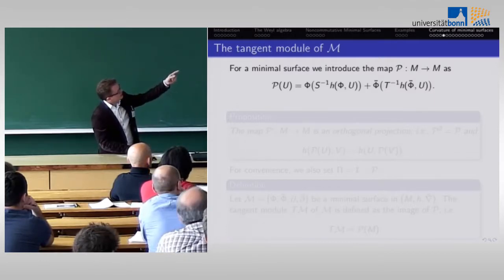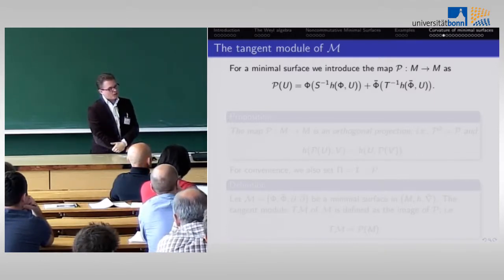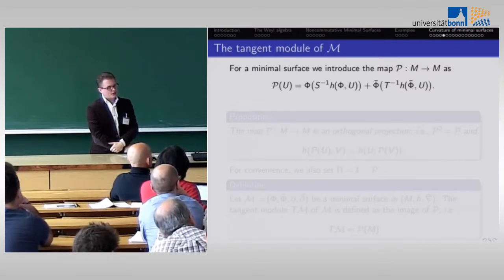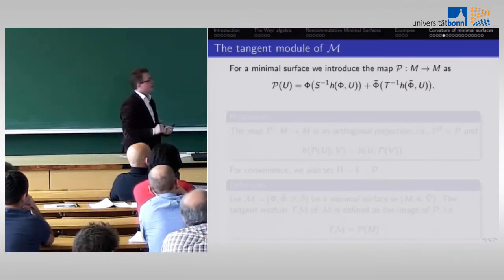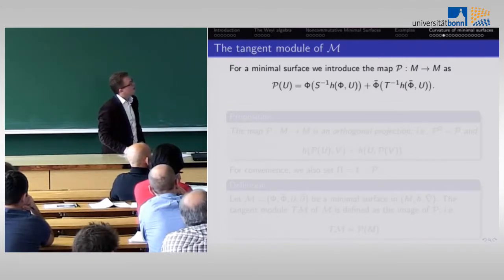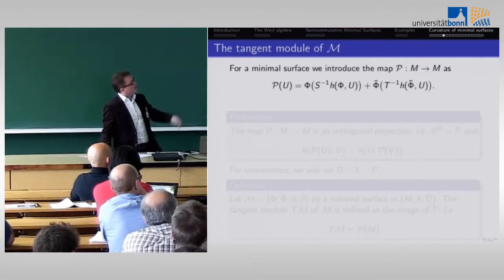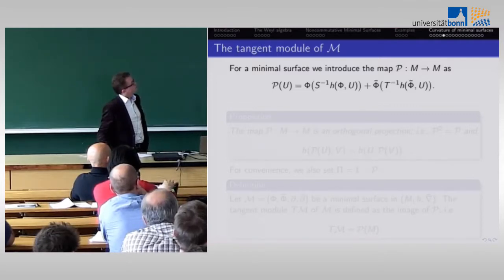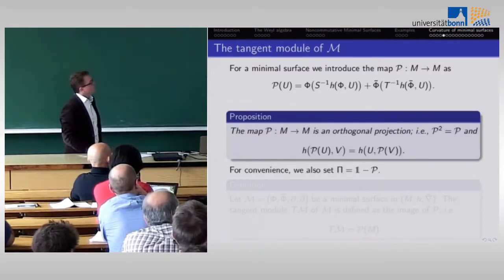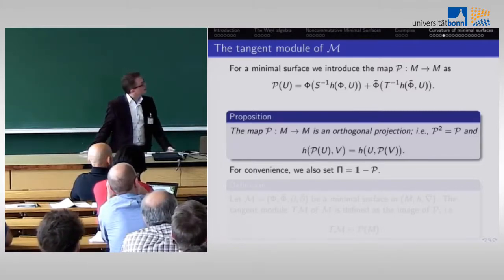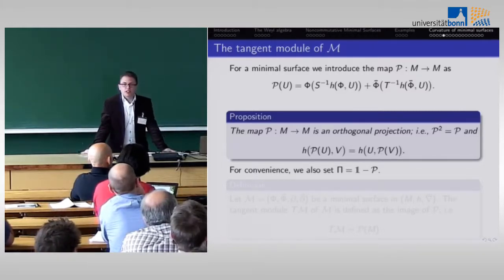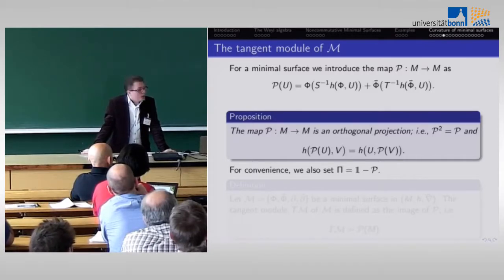So you see that this is actually the projection operator, like in standard geometry. When you project from the ambient space vectors onto the submanifold, this will be the projection operator. And if the S and T are invertible, we can write it down in this language as well. Now you just simply compute that it satisfies that P squared is equal to P, and that is an orthogonal projection with respect to the Hermitian form you have.